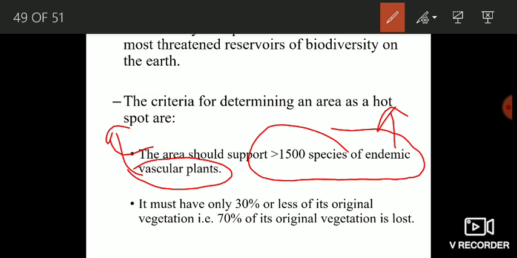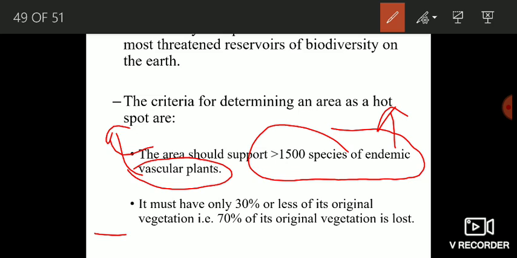That means your area has qualified for the first criteria, and the second criteria it must qualify for is it must have lost 70% of its original vegetation, or alternately it must have only 30% of its original vegetation.